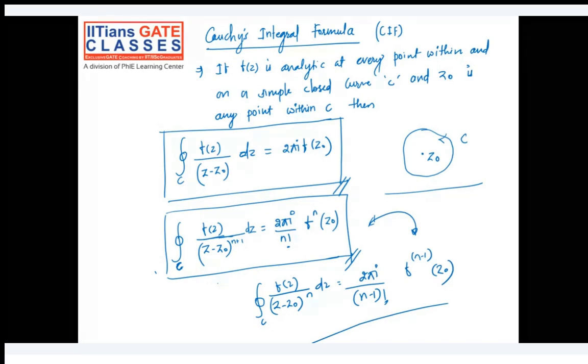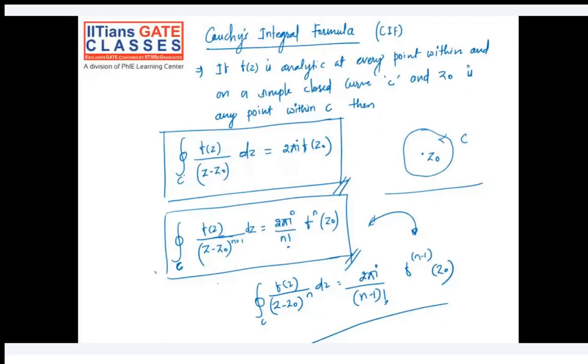Cauchy's integral formula is applied when we divide f of z by z minus z naught. So we don't have a singularity in f at z naught, but we divide f of z by some function, which is z minus z naught in this case. So the entire thing, let's call it g of z. f of z is analytical, but g of z is singular at z naught.